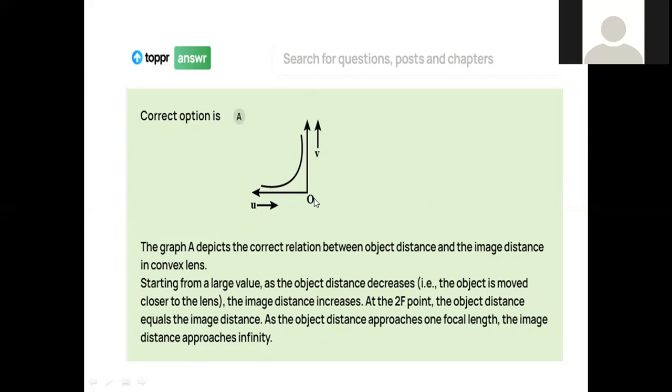If it is at a very close distance, exactly at the point of 2F, F is nothing but the focal point. If the object is placed at the point 2F, that means double the focal point, now you will get the image at an equal distance. Whatever the distance of the object is, at the equal distance the image will be originated. This is point one we have to remember.